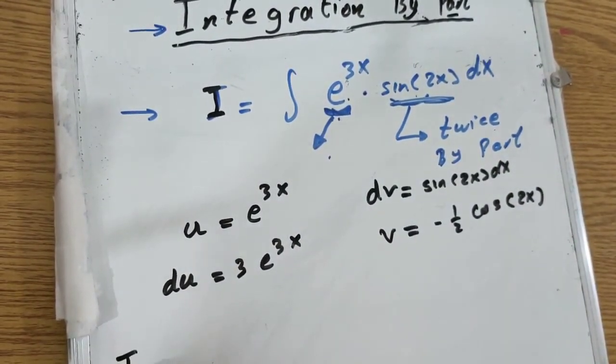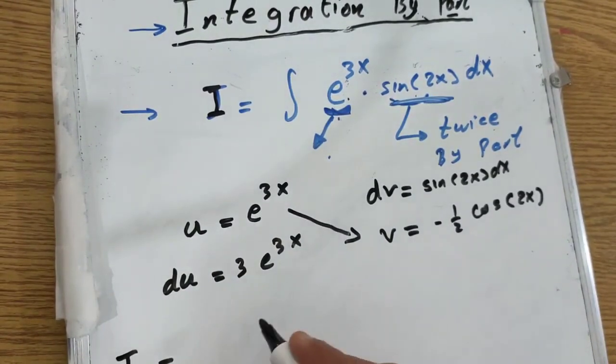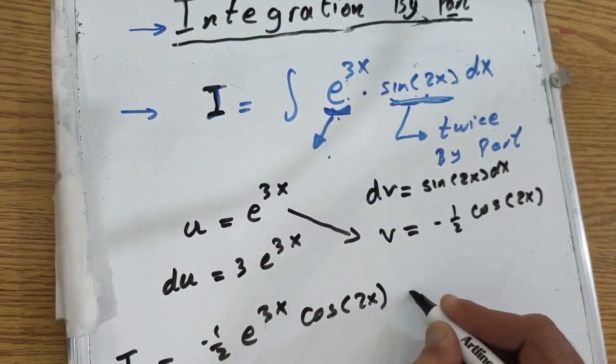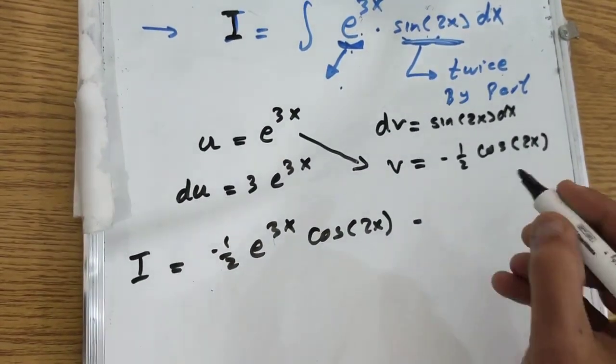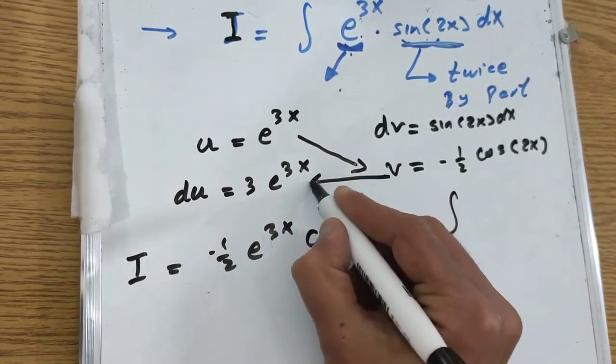Applying the rule of integration by parts, I is equal to the product between u and v, negative half e power 3x cosine 2x, minus integration v du.